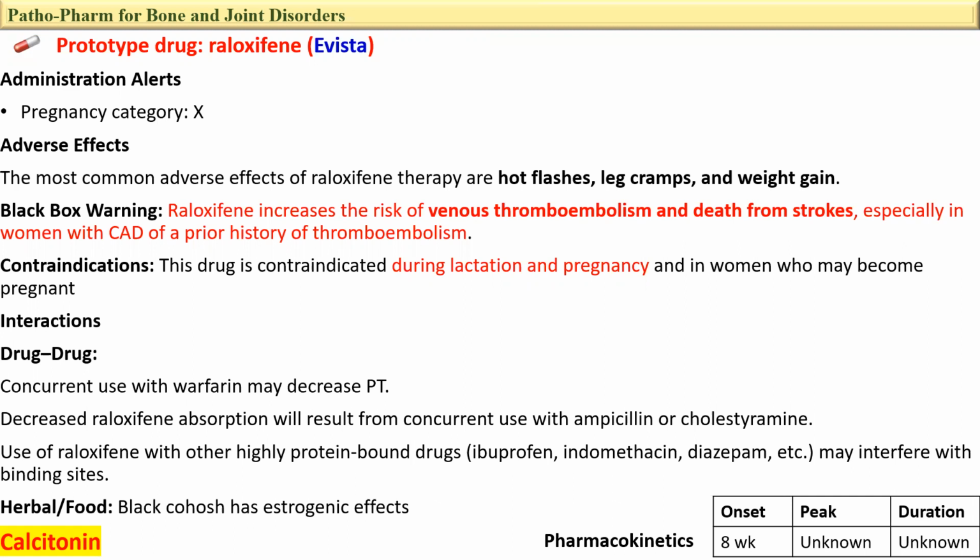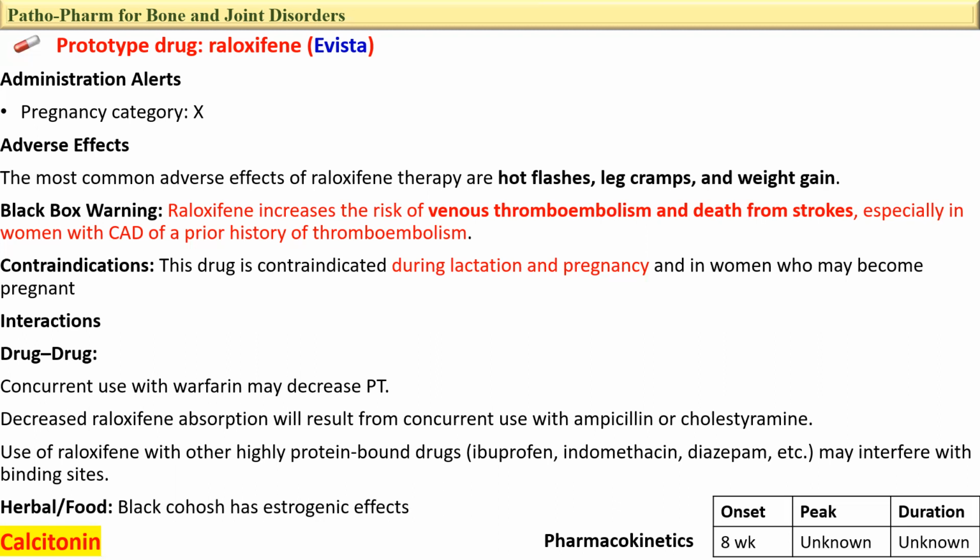we included all of them in the previous slide, and we highlighted all of these adverse effects, especially the hot flashes, leg cramps, and weight gain. These are, I would say, the most common ones.